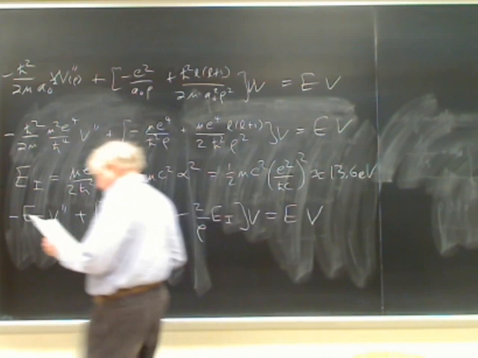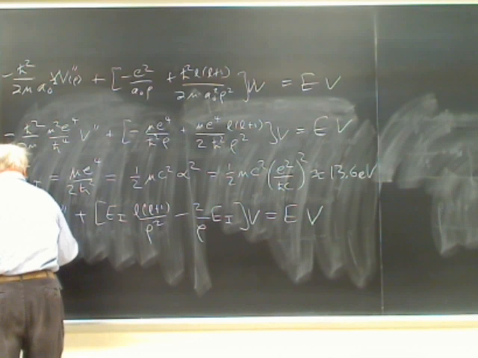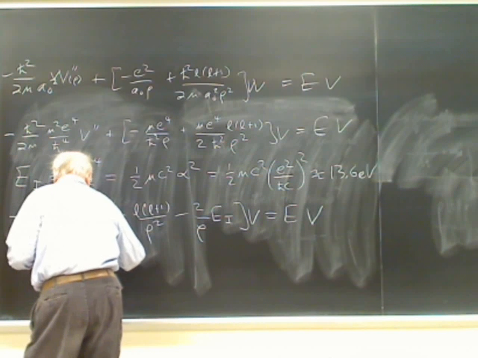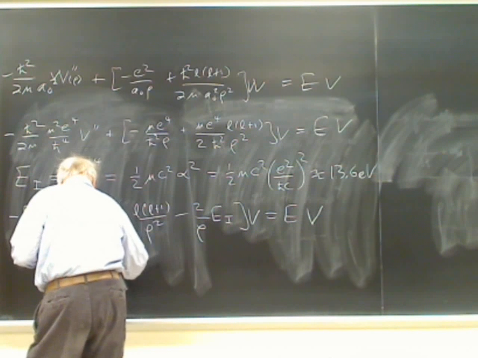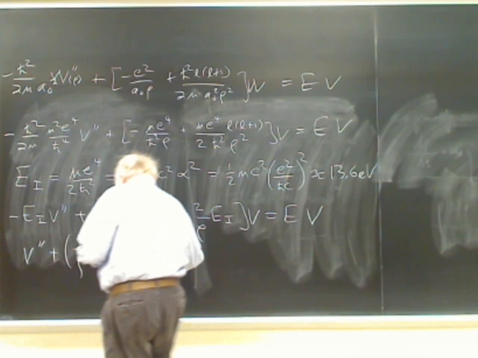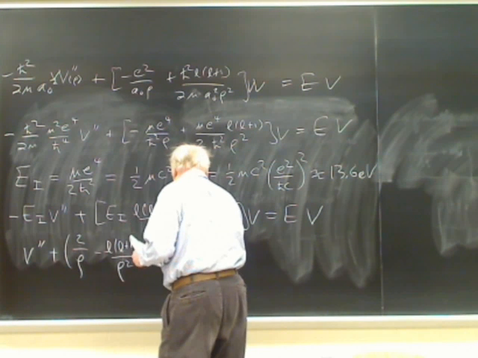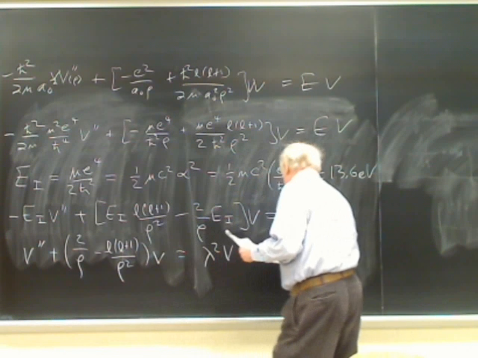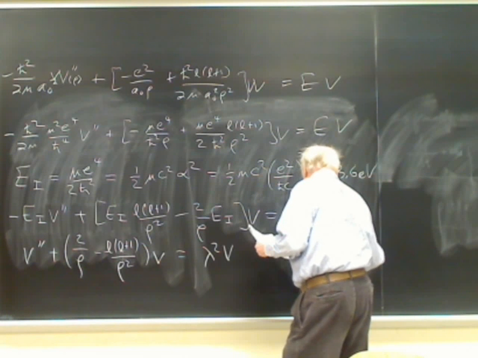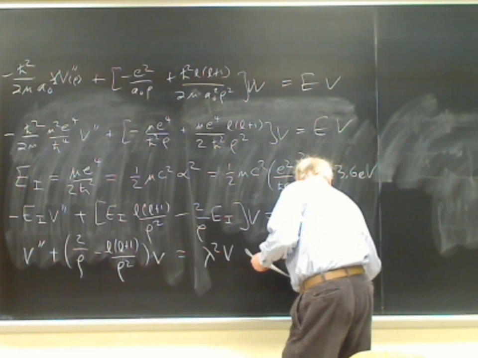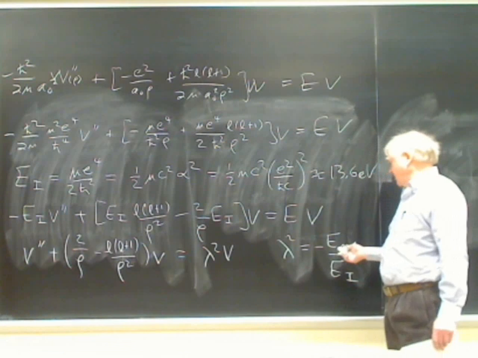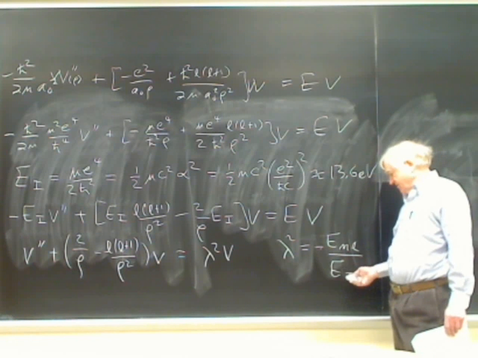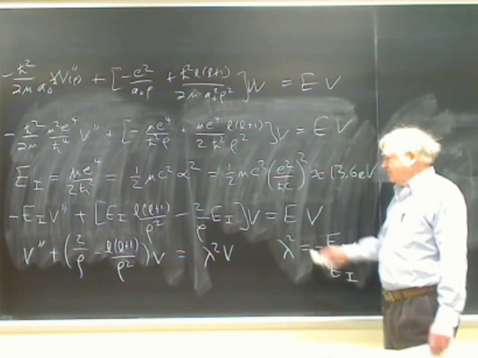And so if we cancel it, what we get is V double prime plus 2 over rho minus L plus 1 over rho squared times V is equal to what I'm going to call lambda squared V, where lambda squared is minus E_nL over E_I. E_nL is negative, that's the binding energy. Minus E_nL then is positive. E_I was explicitly positive, so lambda squared is positive.